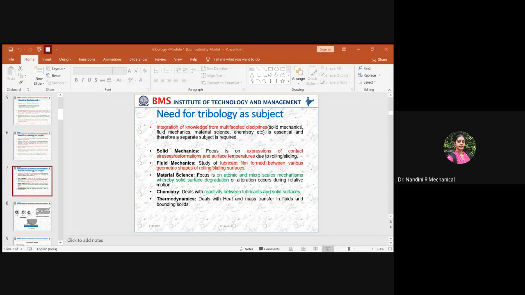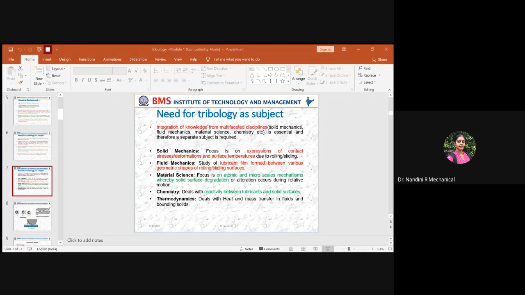So, using these equipments will help in analyzing in depth how the atomic and the micro scale mechanisms come into the picture in any solid surface. So when these rolling surfaces are in contact for a longer period of time, if wear happens, there might be solid surface degradation happening. So you should understand how to overcome this.